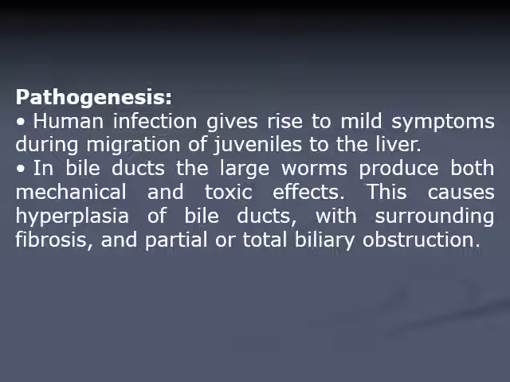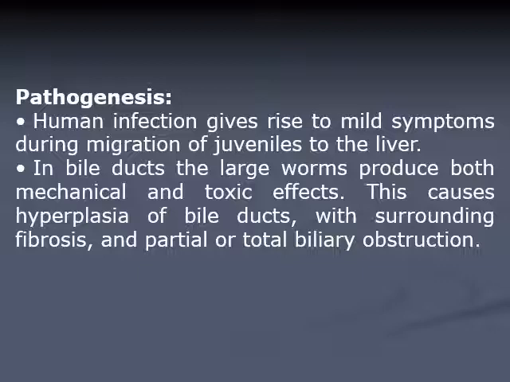The usual picture in fasciolasis is that some patients complain of prolonged fever with eosinophilia and pain in the upper right hypochondrium, and they are positive for Fasciola antigen detection. If they take the treatment, the case subsides and they get better.